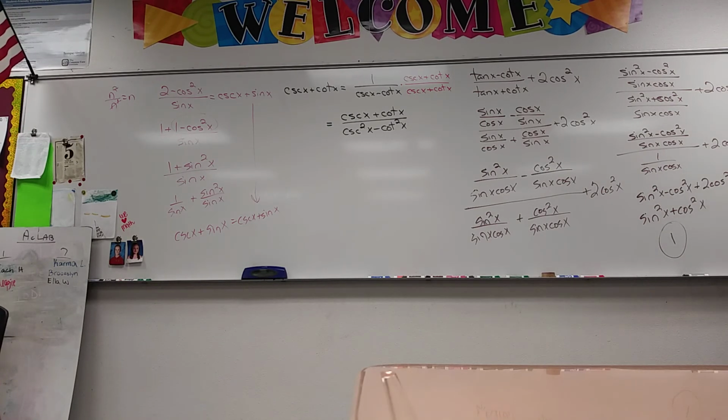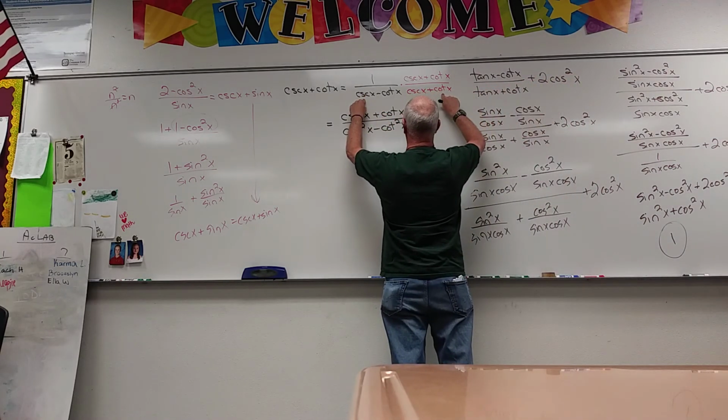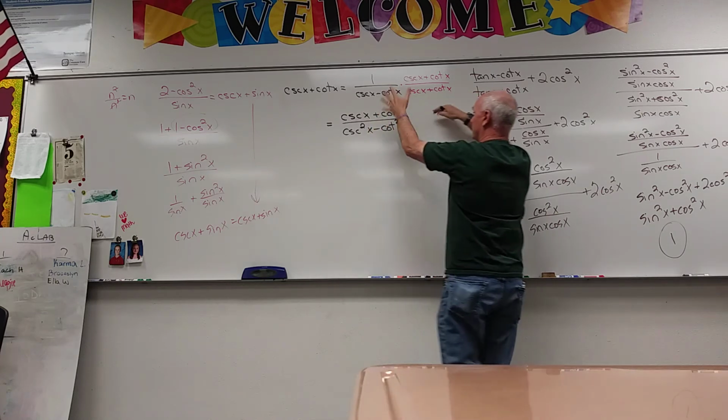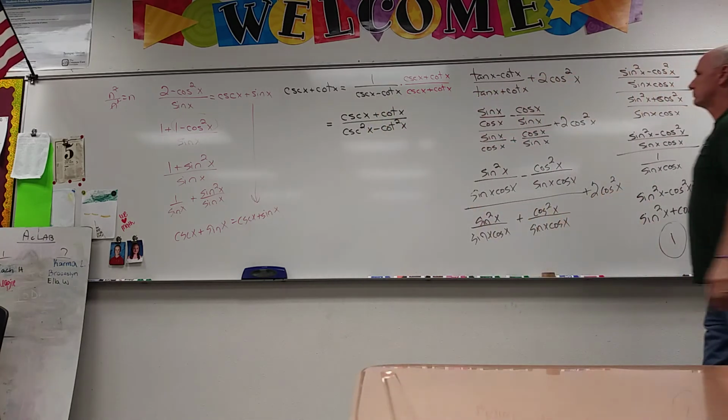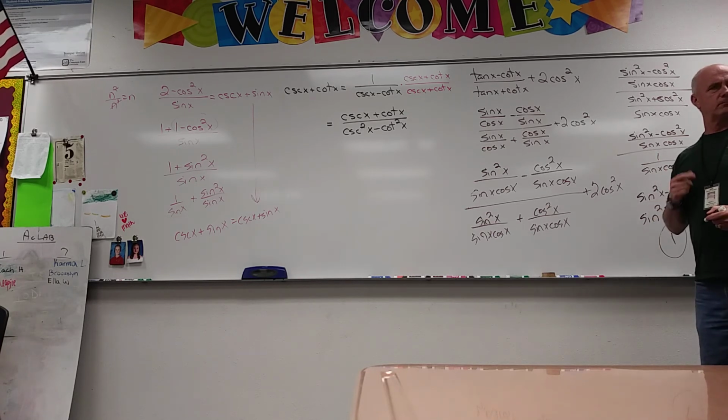Just the first and last, because the outer and inner terms cancel. We have cosecant of x cotangent of x minus cosecant of x cotangent of x, so those cancel, which leaves us with this. Is there anything good with that? The bottom. Is that one of those thingamajiggers?